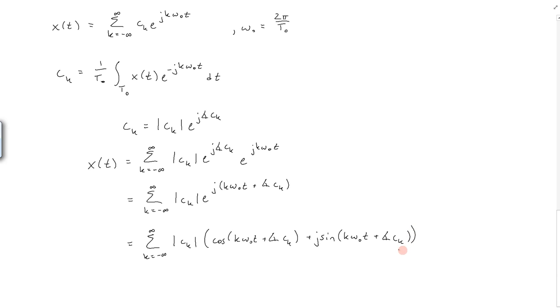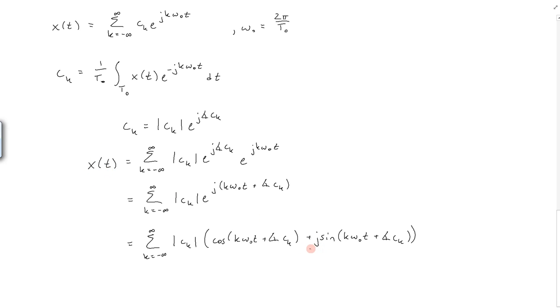So we can see clearly here that x of t is being represented as a summation of sinusoids with some complex values in here. But these are going to cancel out properly with a good choice of c sub k, which we're going to see in some examples, in order to get a real signal for x of t without any of these imaginary components.